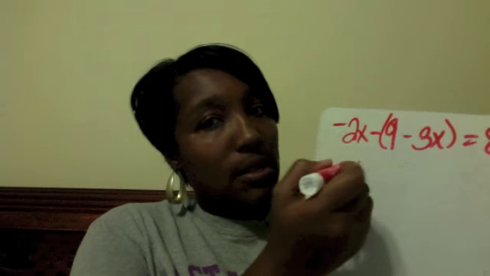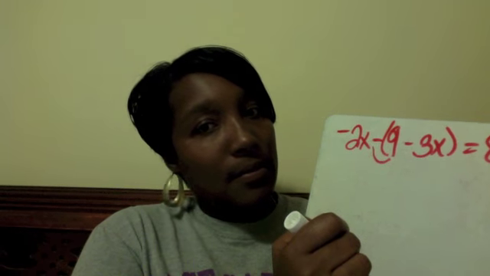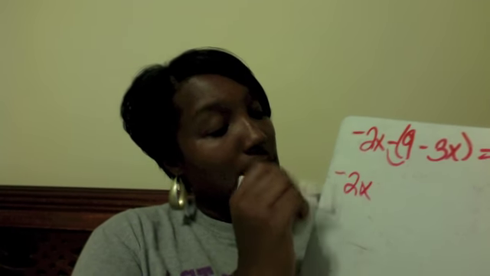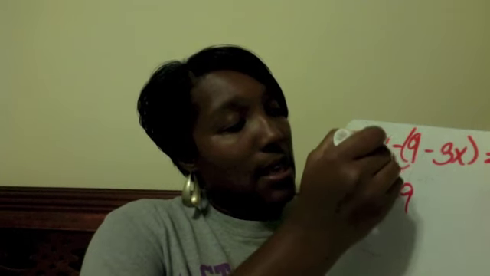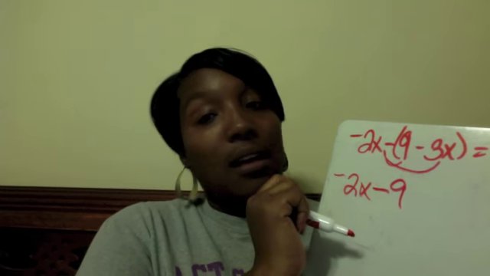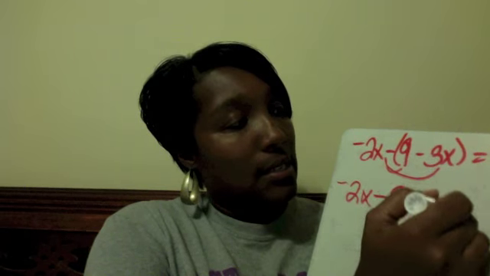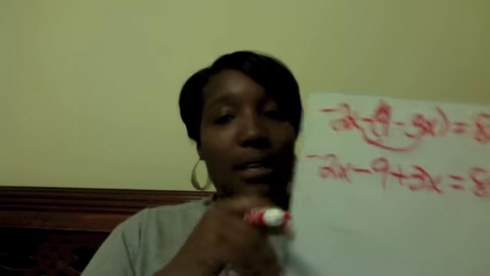So this is going to be negative 1 times negative 9. First I'm going to bring down the negative 2x, minus 9, and then negative 9 times negative 3x is a positive 3x, equals 8x minus 11.